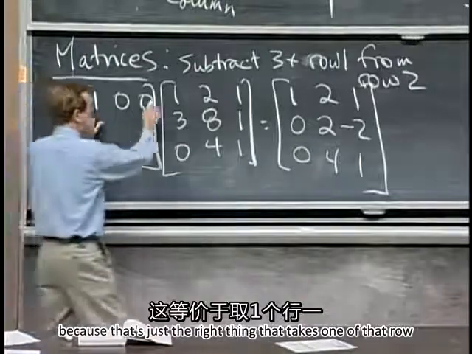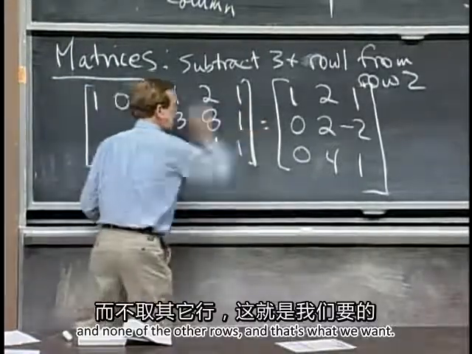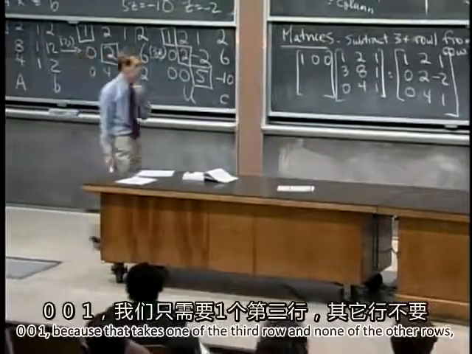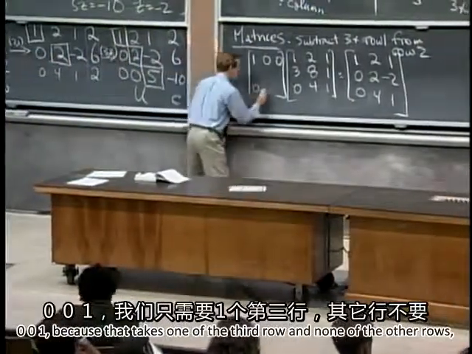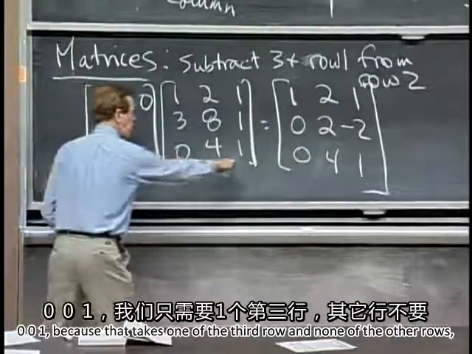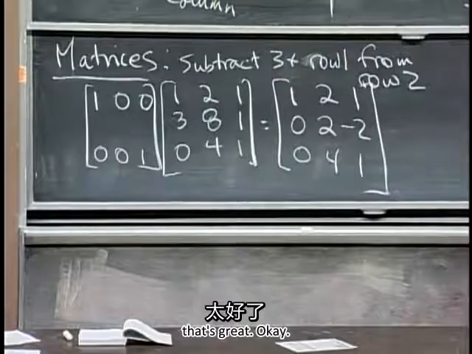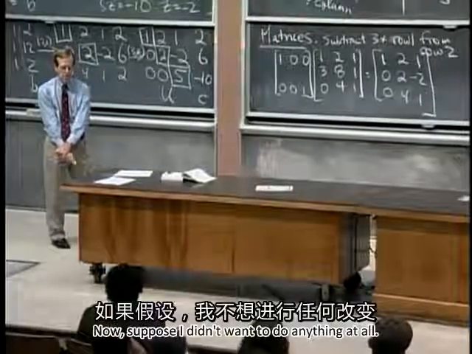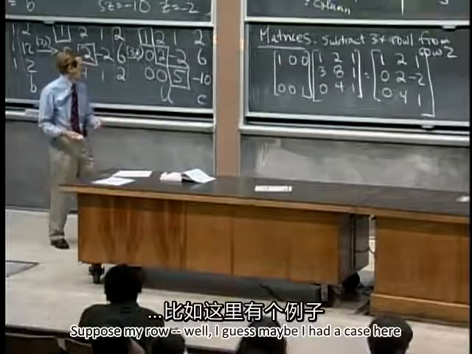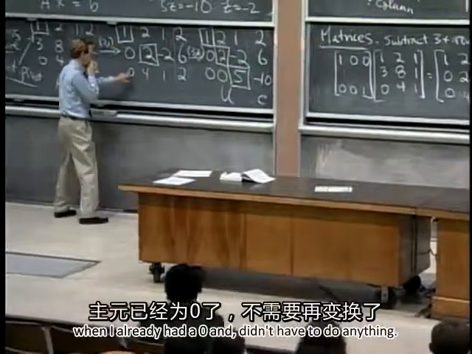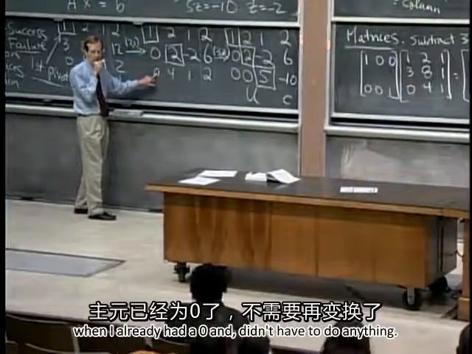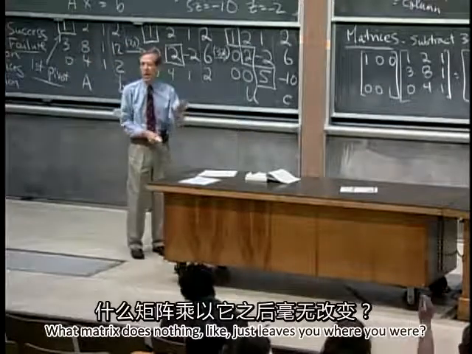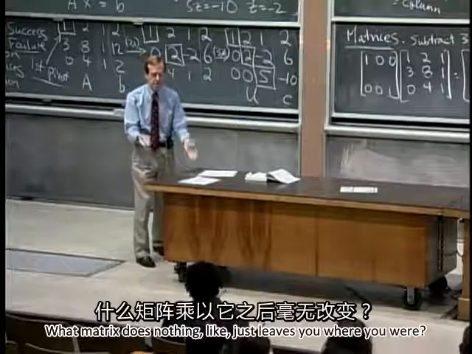That takes 1 of that row and none of the other rows, and that's what we want. What's the last row of the matrix? 0, 0, 1. Because that takes 1 of the third row and none of the other rows. That's great. Okay. Now, suppose I didn't want to do anything at all. Suppose maybe I had a case where I already had a 0 and didn't have to do anything. What matrix does nothing? Like just leaves you where you were.